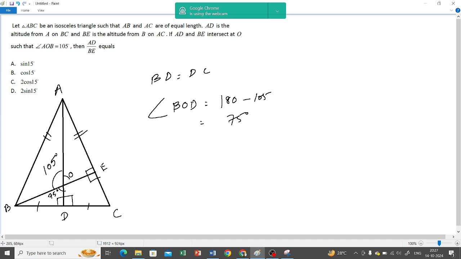This is also 75 degrees, and this is 105 degrees. Now, in the quadrilateral OECD, we have 90, 90, 105, so angle ECD is going to be 360 minus (180 plus 105).